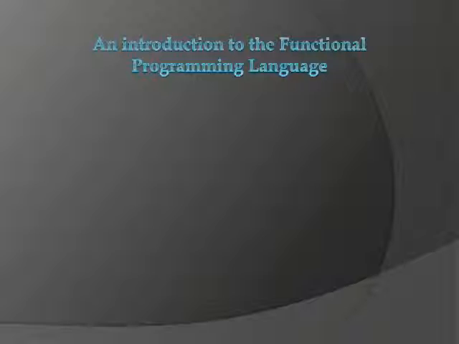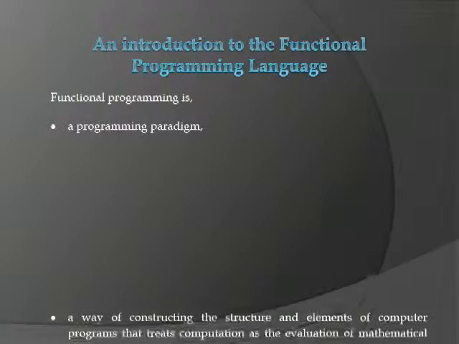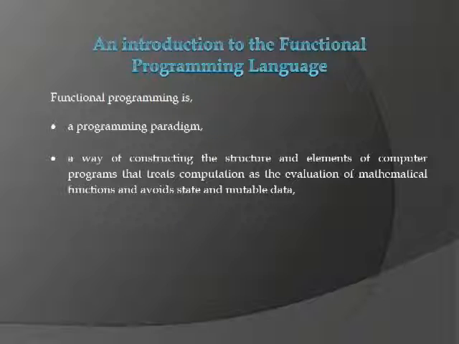First of all, let's look at what is a programming language. According to McLennan's explanations, a programming language is a language that is intended for the expression of computer programs and that is capable of expressing any computer program. And functional programming is a programming paradigm, a way of constructing the structure and elements of computer programs that treats computation as the evaluation of mathematical functions and avoids state and mutable data.